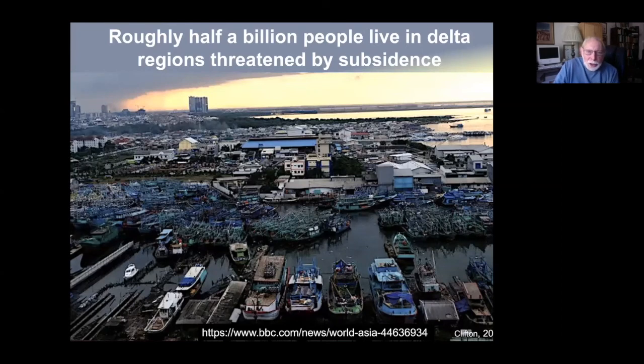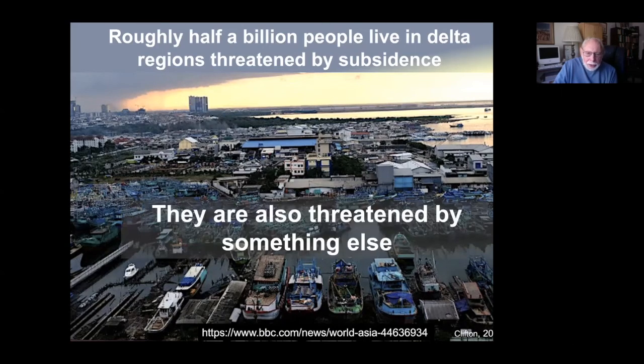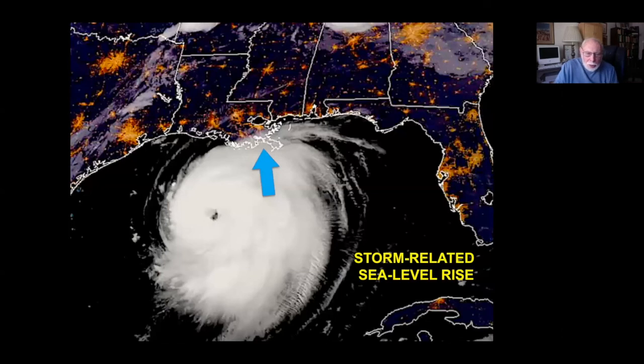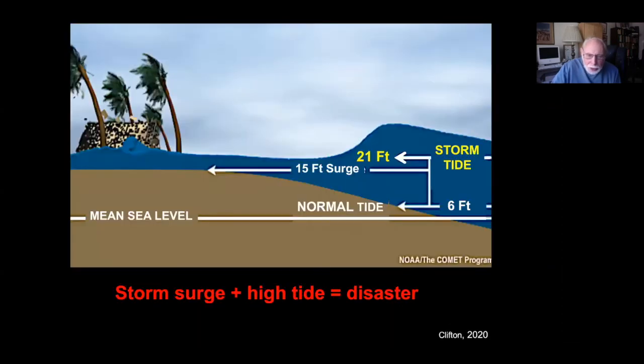About 500 million people live in delta regions that are threatened by subsidence, and they're also threatened by something else. And that is the sea level change that occurs on a level of days and is weather related, and it's an absolute change. This is caused by storms that push large volumes of water toward the shore where they pile up and flood the coastal regions.